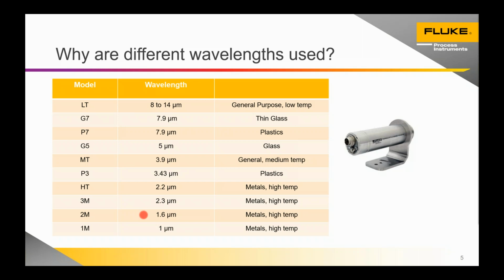There are some applications where we can measure subsurface to a very small amount or to a greater amount, but generally we choose wavelengths because that's where we can sample the most energy and get the most repeatable reading.